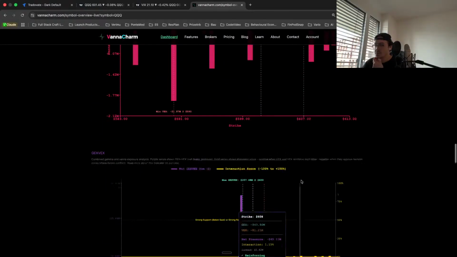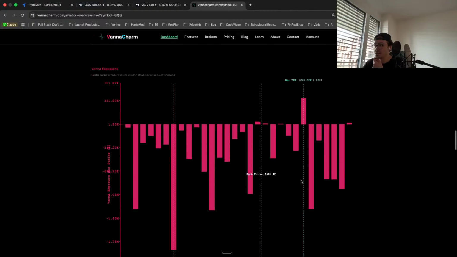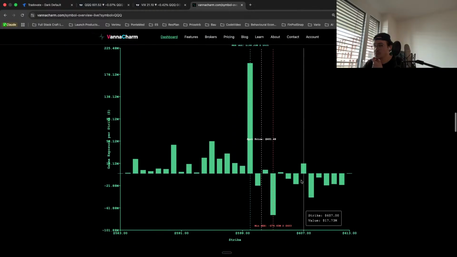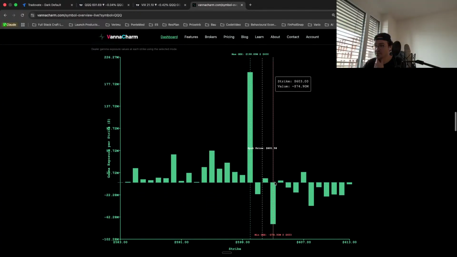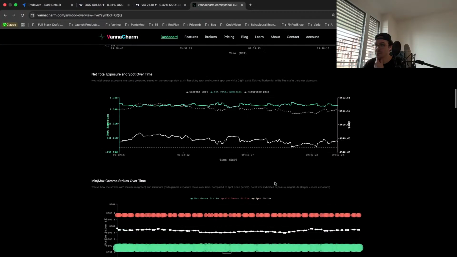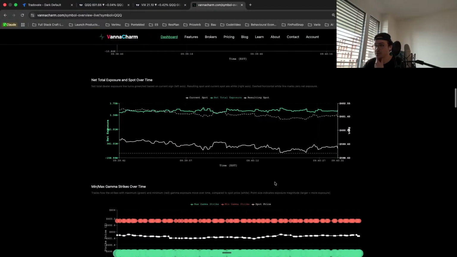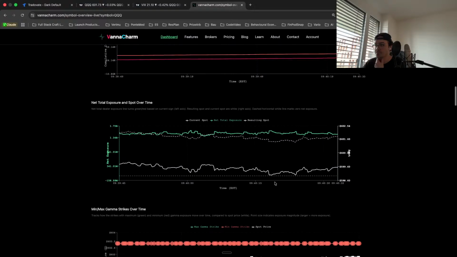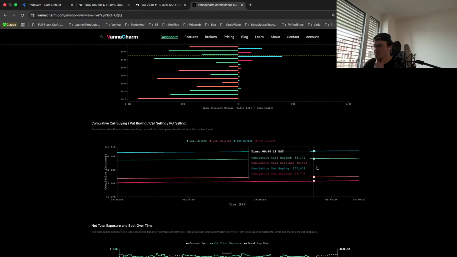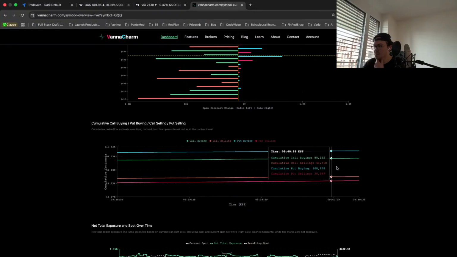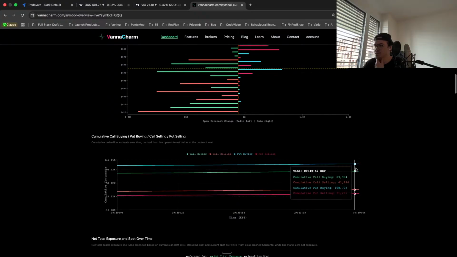Let me look back up to the gamma. Yeah, it's still the 603 is that negative gamma strike. Now this looks also relatively decent, but doesn't really help much.